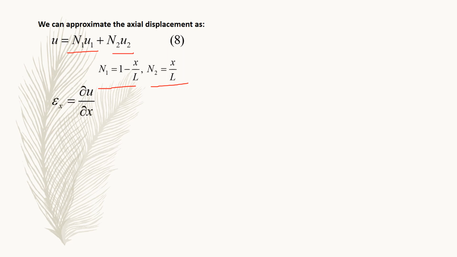We substitute into strain, which is dou u by dou x. So strain is equal to dou N1 by dou x, dou N2 by dou x, times u1 and u2, represented in matrix form in equation 9.